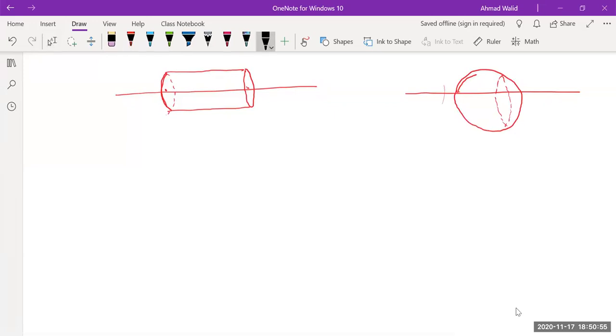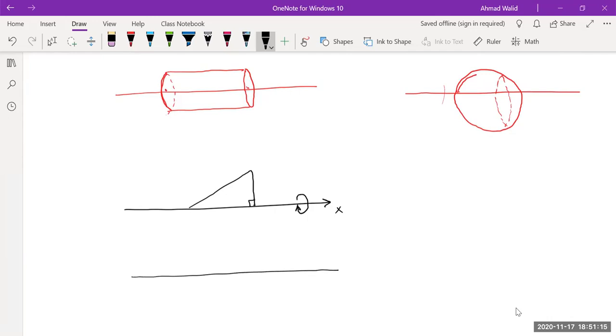For example, this is your x-axis. You have a right triangle here, right? If I rotate this right triangle about the x-axis, definitely all of you know what you will get from this shape. This shape is really easy. It will give you a cone, right? Or maybe this shape. These are the shapes that we will discuss soon.